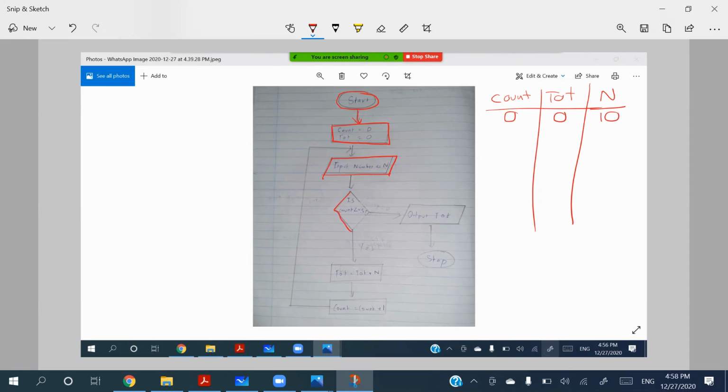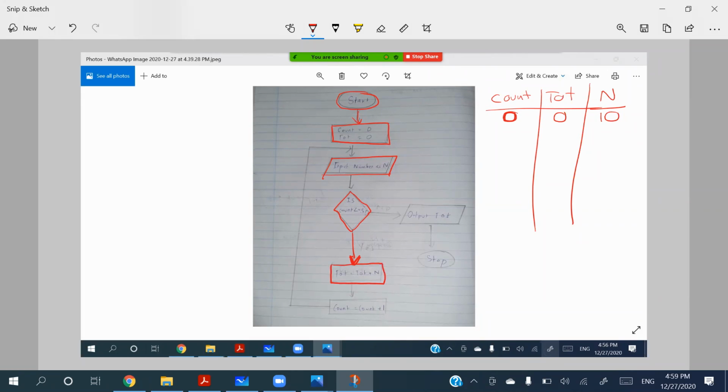So it will check the particular condition. Is count less than or equal to 5? Count is 0, so 0 is less than 5. So the condition is correct, and I am flowing through the yes way. It says total equals total plus n.